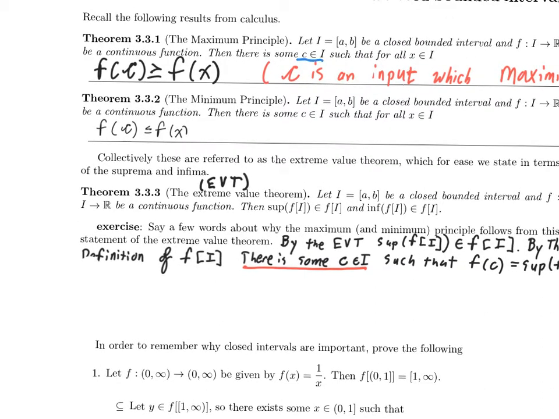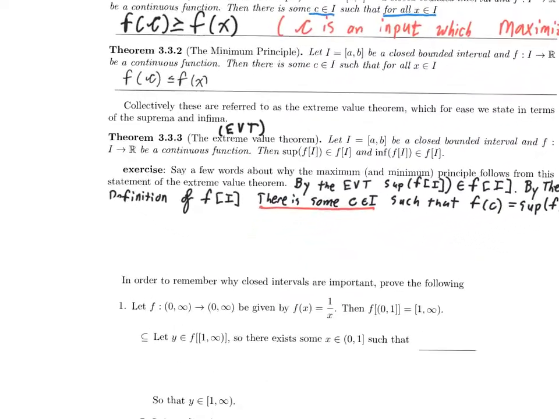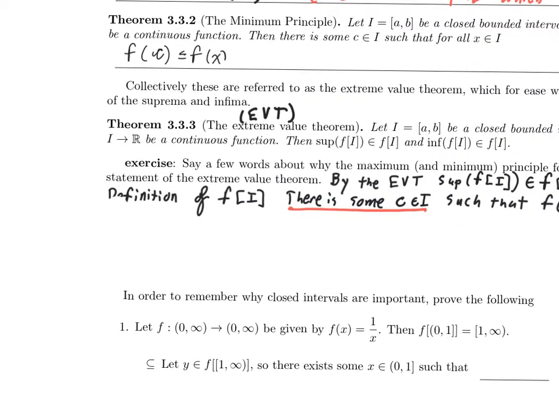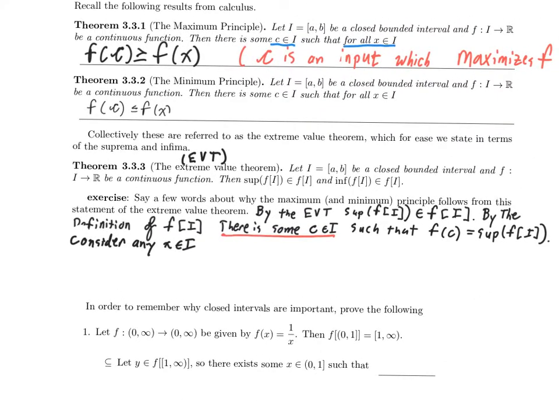It says that there is some c in I such that for all x in I something happens. So let's go ahead and consider any x in I; we want to show this. So let's try to show that.